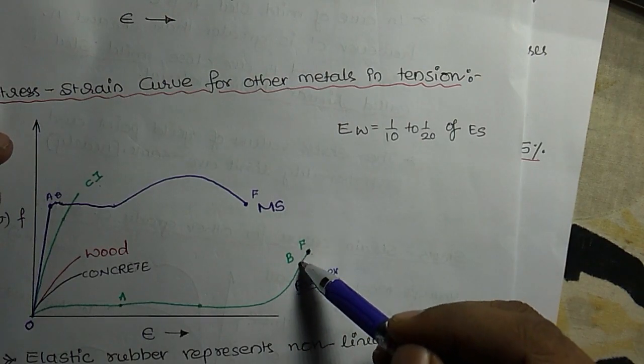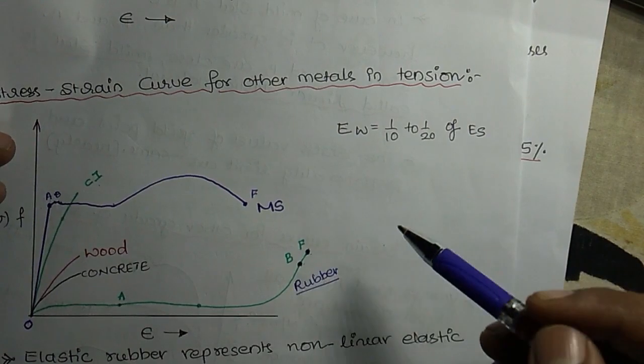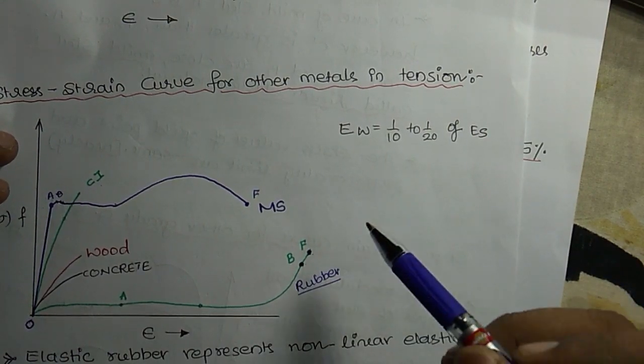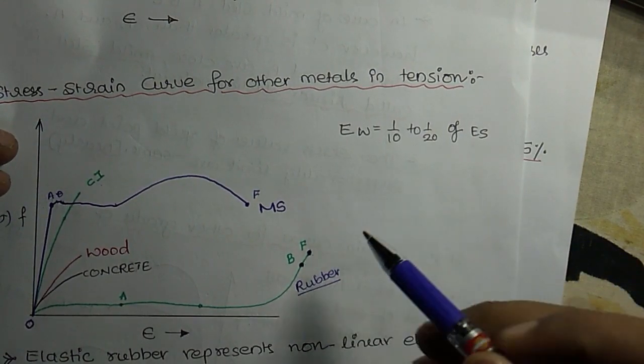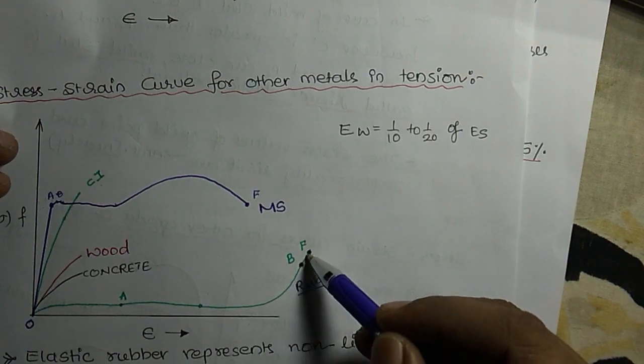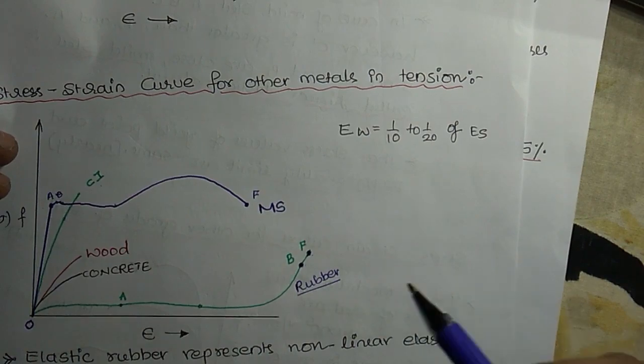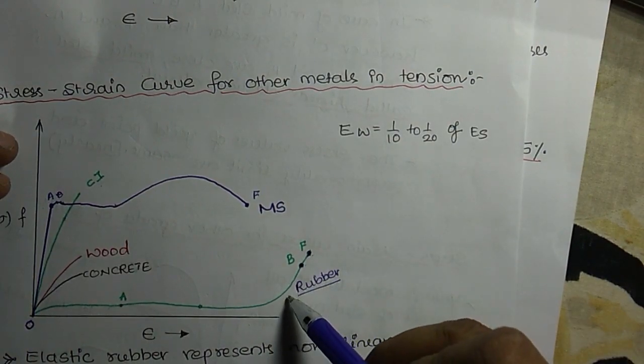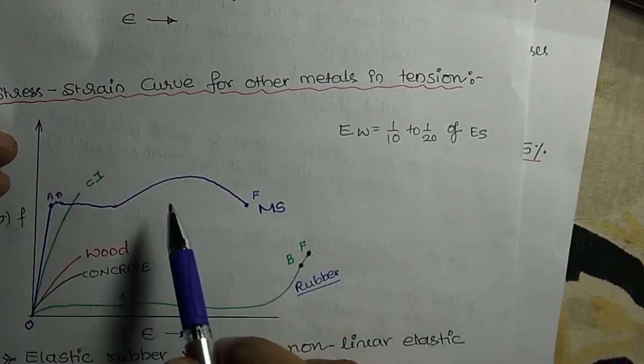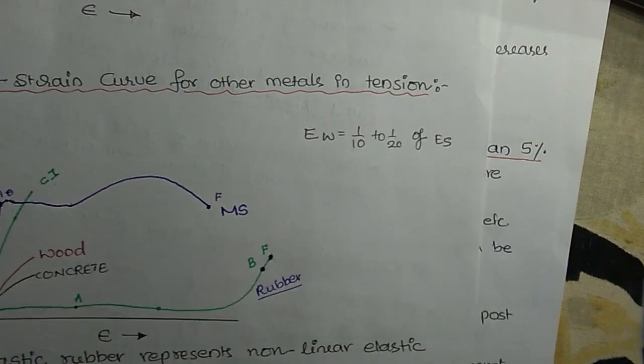If some material has more than 5% of post-elastic strain, that material we call a ductile material. Whereas if you don't have more than 5% of strain, then it is called a brittle material. And that is the reason why rubber is called a brittle material and mild steel we call a ductile material.